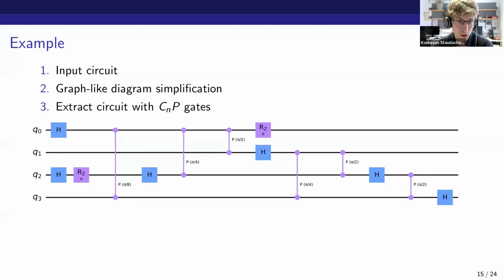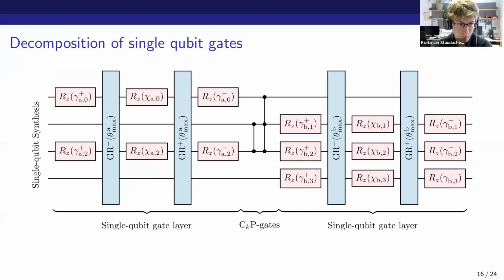And how we decompose them is by doing something like this. We group our gates into alternating layers of either single qubit gates or multi-controlled qubit gates. And then we decompose each single qubit layer into local Z rotations alternating with global rotations.